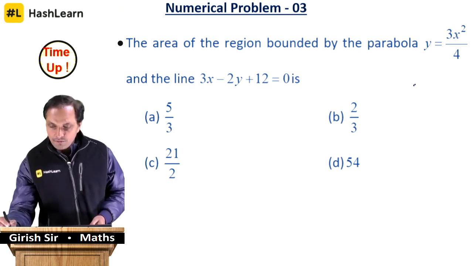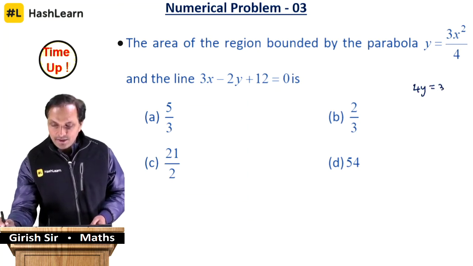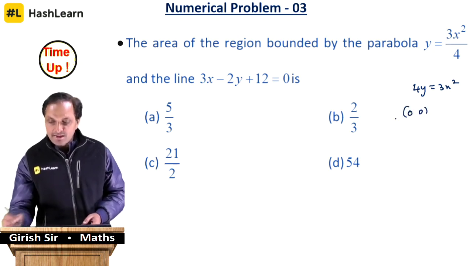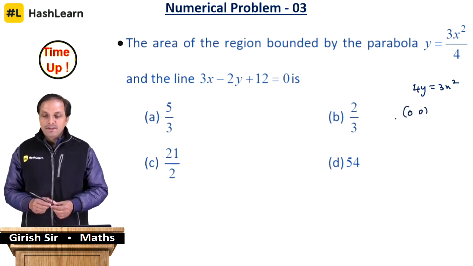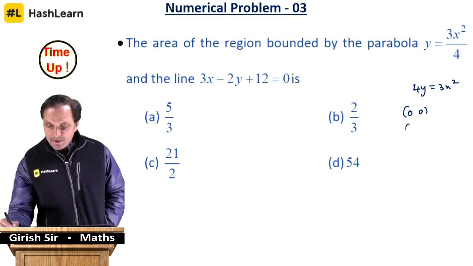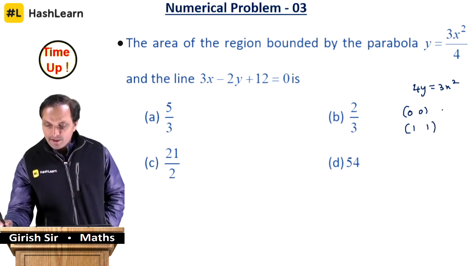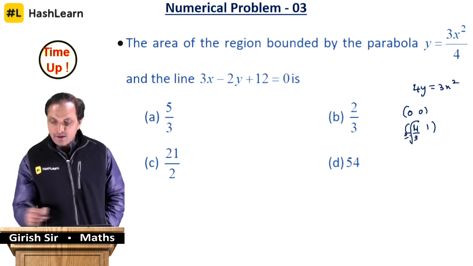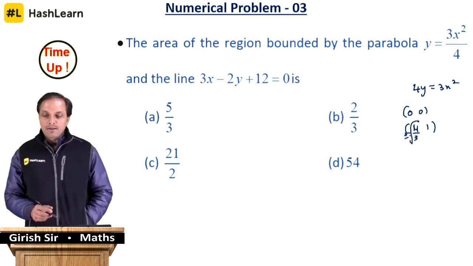This is 4y is equal to 3x square. See, when you put x as 0, y is 0, it means it is passing through origin. So when y is equal to 1, what happens to x? Y is equal to 1, your x will be root of 4 by 3, which will have plus sign and also minus sign.